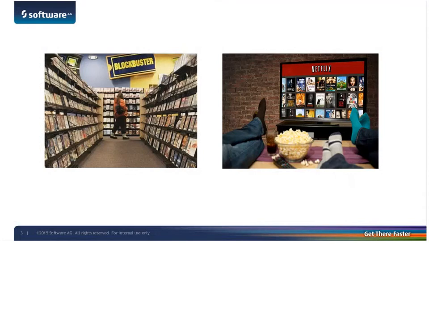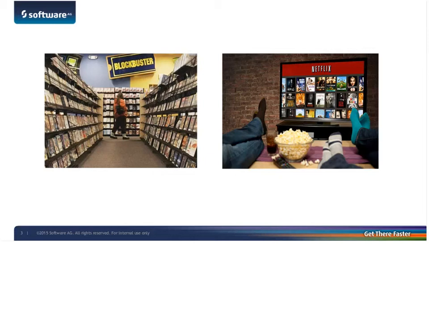To give you an example where digital transformation changed an entire business model, I'd like to talk a bit about Blockbuster and Netflix. Blockbuster, some of you might remember, followed a typical physical landlord business model, which means they were renting VHS tapes on a daily or weekly basis.